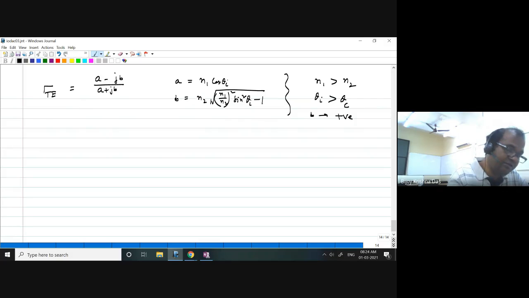Numerator and denominator are complex conjugates. We can write something like this, you see. In the polar coordinate system, the numerator can be written as square root of A square plus B square times e to the power j phi, and we define phi t like this.